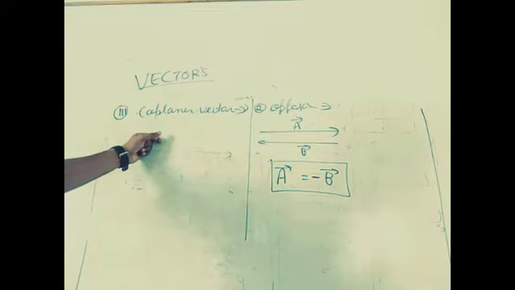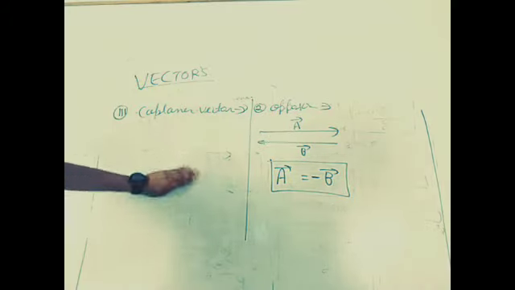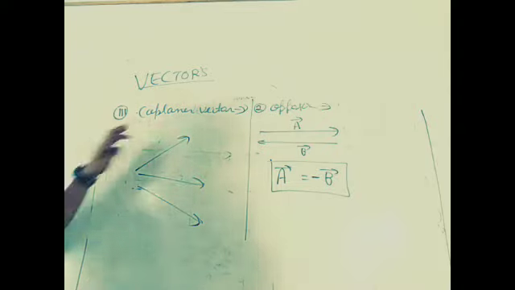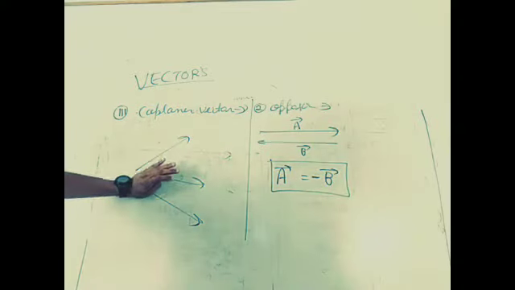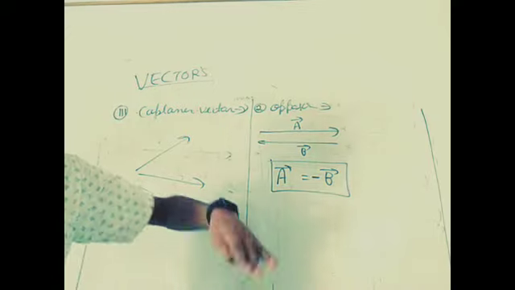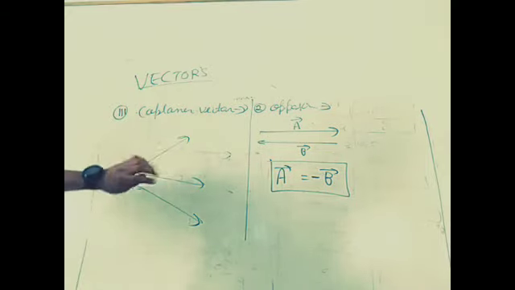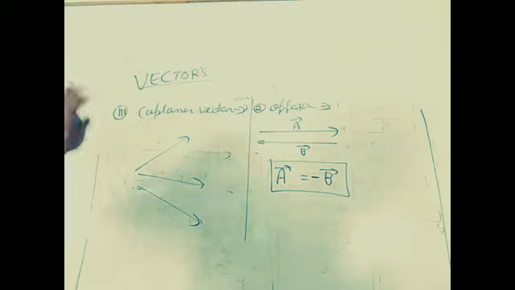Those vectors which are in a common plane. Suppose this board is a plane, then all vectors lying on this plane are called coplanar vectors. Suppose this purse is a plane, then all those vectors which lie on the surface of the purse are coplanar vectors. The coplanar vectors are the vectors which lie on the same, common plane.